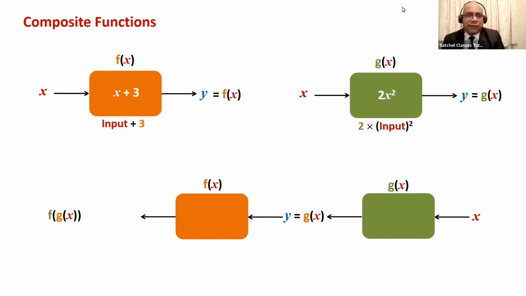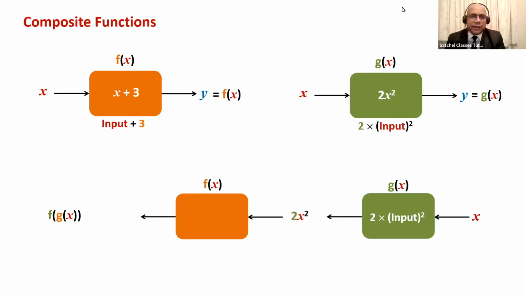Now, how do I find the value of f of g of x? Well, let's track it from the beginning. What does g of x do? It squares the input and doubles it. So if x was the input, the output would be 2x squared. What does function machine f do?